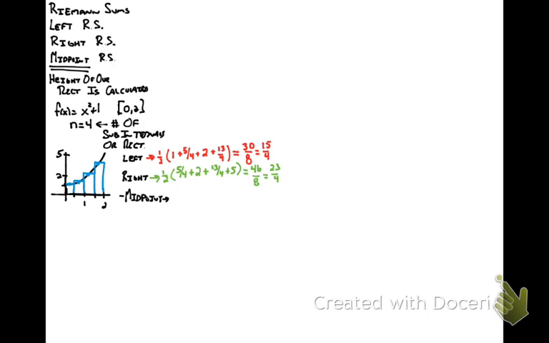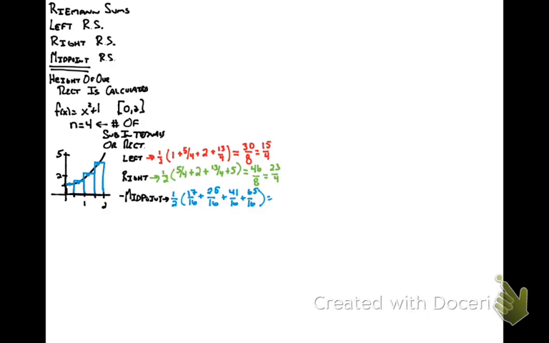So in this case the calculation would be, well, each rectangle is only a half wide. So the height at 1/4 is 17/16, at 3/4 is 25/16, at 5/4 is 41/16, and at, what would that be, 7/4 would be 65/16.